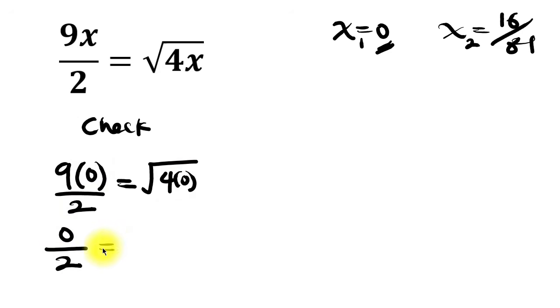This is equal to the square root of 4 times 0, which is also 0. Now 0 divided by 2 is 0. This is equal to the square root of 0, which is 0. So the left-hand side is equal to the right-hand side actually. So this is correct.